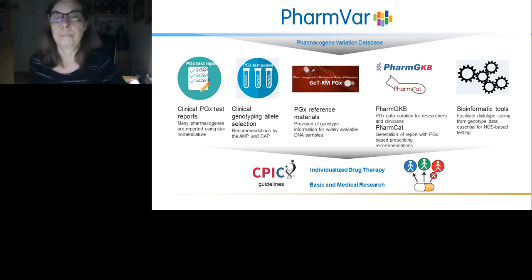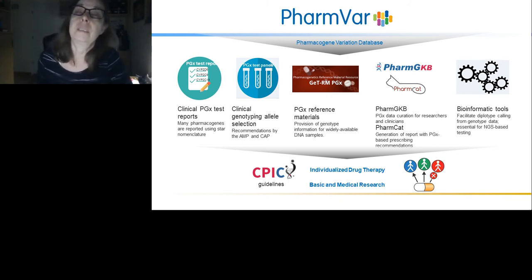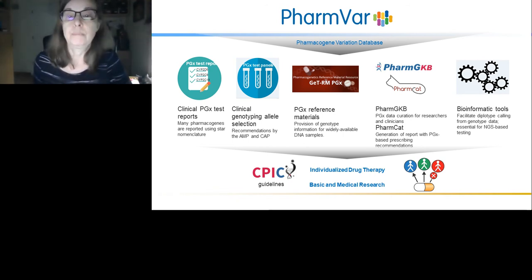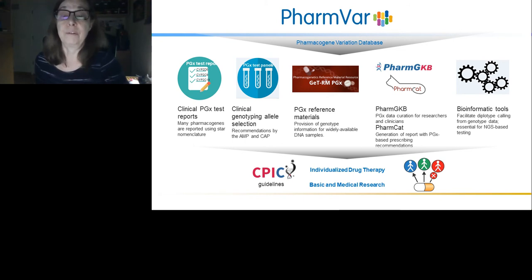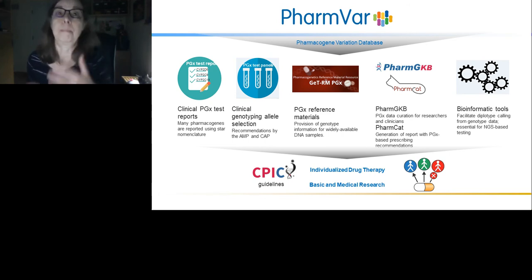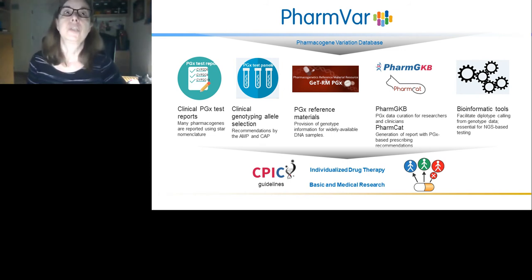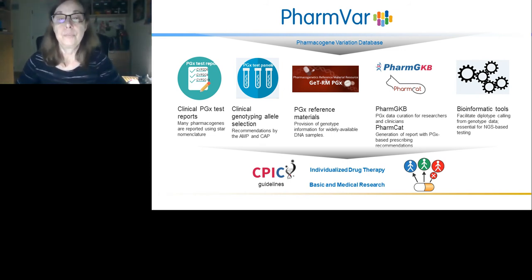Then we are working very closely with PharmGKB, because it is absolutely important that we use these allele definitions in a standardized way across all these different resources. So there are absolutely no questions about what this allele or that allele means. So standardized usage of these terms and allele definitions is key.